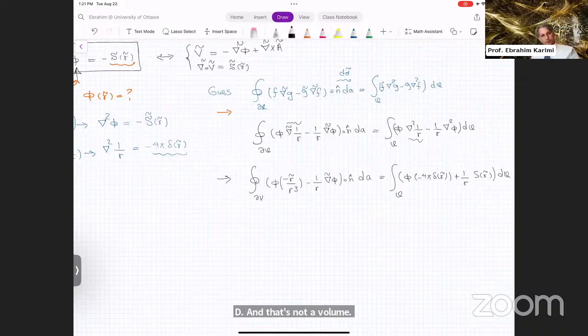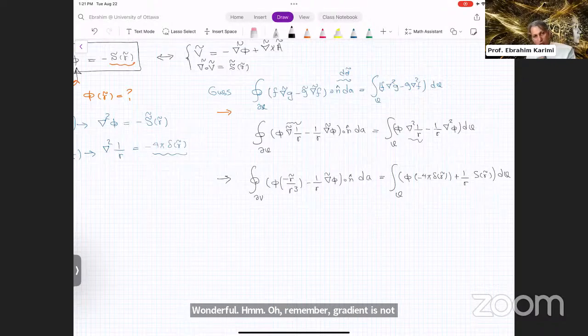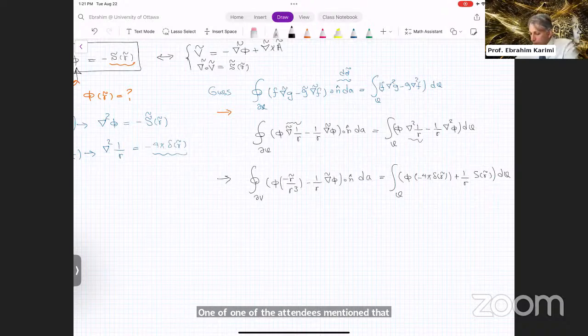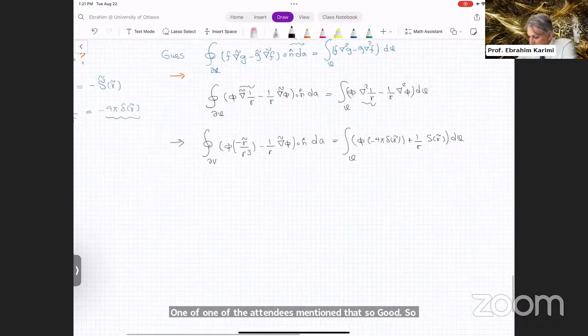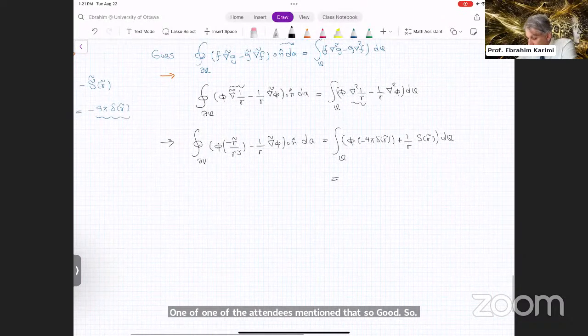Wonderful. Remember, gradient is not a scalar quantity. Gradient of 1 divided by r will be r hat divided by r power of 2, which is exactly the way that one of the attendees mentioned that. So good. So let's simplify this.